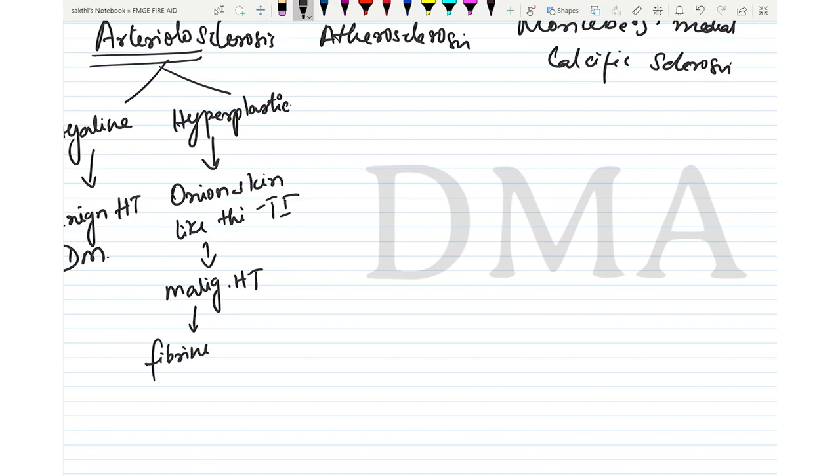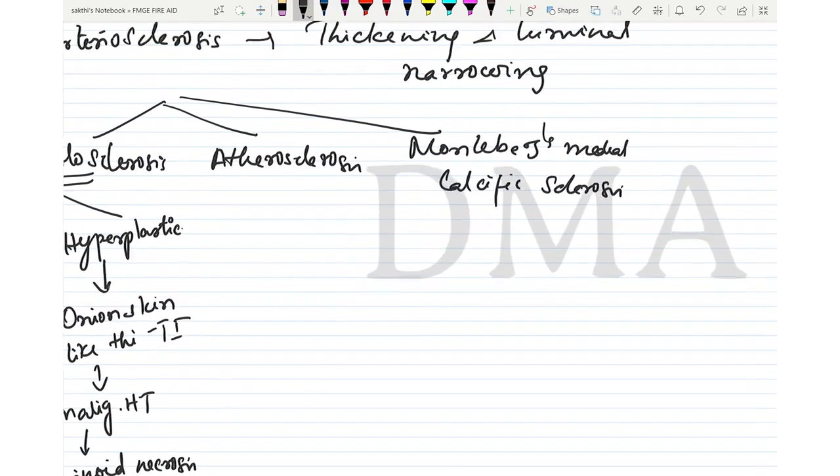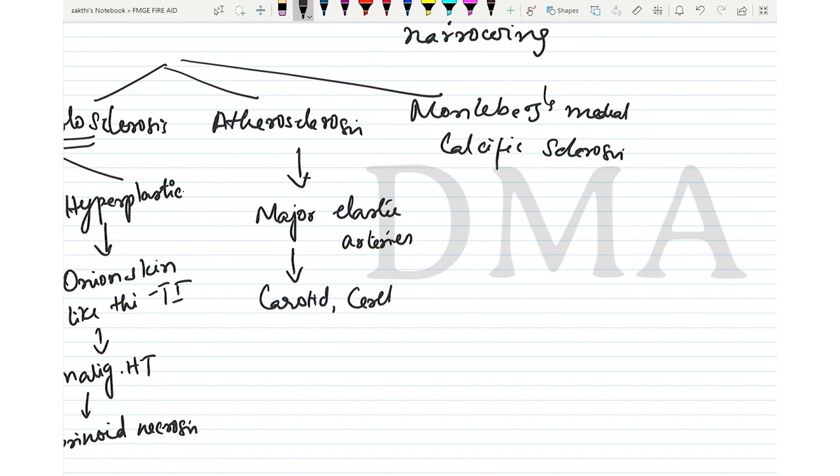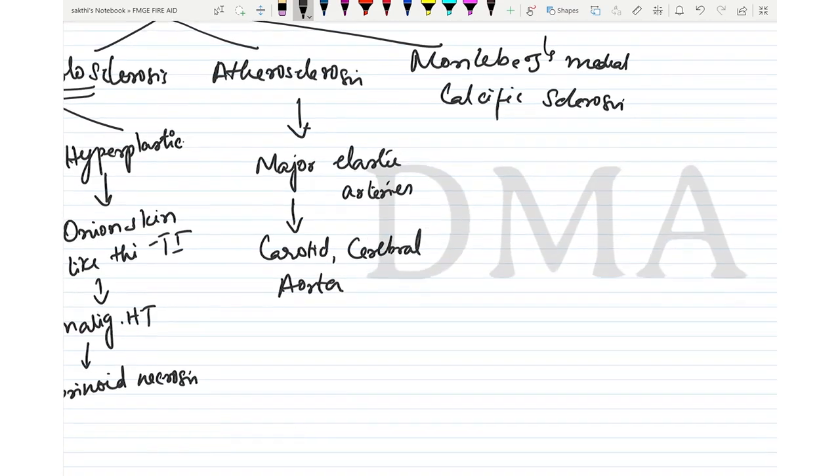Atherosclerosis, as the name suggests, usually involves major elastic arteries. Common arteries that are affected are the carotid arteries, cerebral arteries, and also very commonly the aorta. The most common part of the aorta affected here is the abdominal aorta.